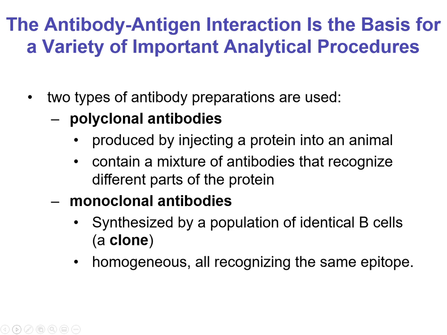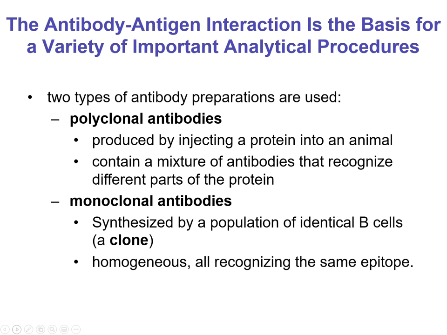There's two types of antibody preparations that you can use in the lab. There's polyclonal and monoclonal. Polyclonal you produce by injecting a protein into an animal, or it could be a piece of a protein that you're interested in developing antibodies for, and then you collect a mixture of antibodies that recognize all different parts of the protein.